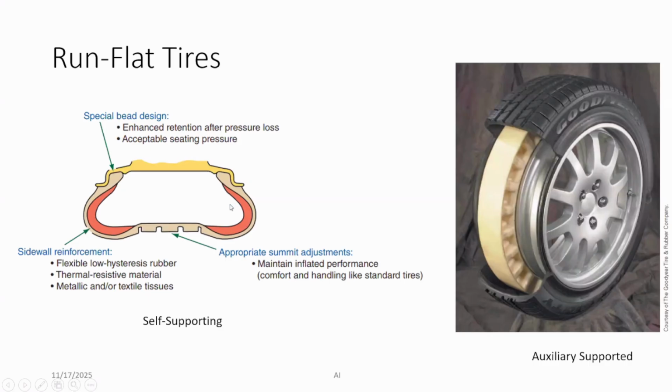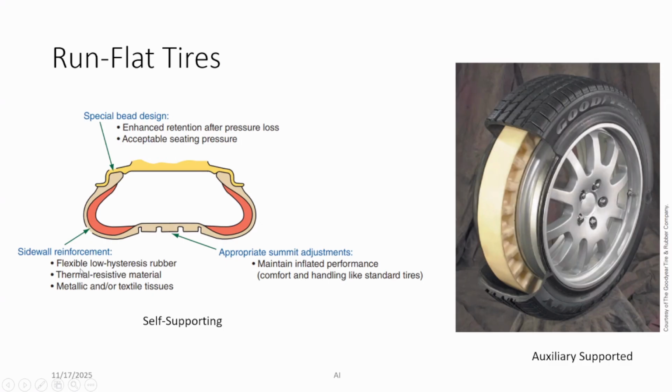But once you experience a tire puncture, there will not be any air pressure inside the tire, so your bead design should be sufficient to maintain the contact between these two, even after the pressure loss, right? That is what I need to especially mention here about the bead design, wire bead. And the side wall has additional reinforcement, right?